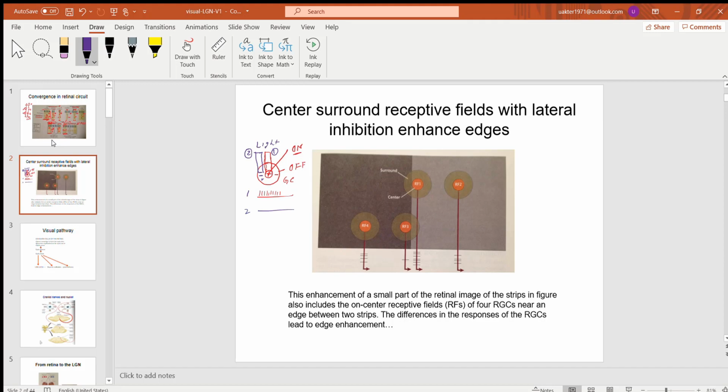Now if I present the stimulus or light in a way that will fall on the center as well as on the outer area of surround. Then what will happen? They will cancel each other. On will excite, but also since the stimulus is on the surround, that will inhibit.